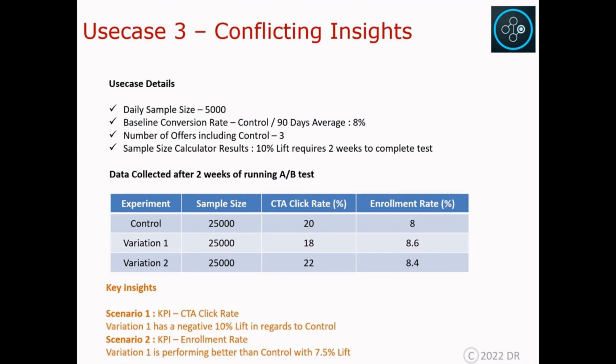So this is where the difference is. You have two KPIs. One is your primary KPI, one is your secondary KPI. Both are telling a different story. Here, when we take CTA click rate, variation 1 has a negative 10% lift in regards to control. When we take the KPI as enrollment rate, variation 1 is performing better than control with a 7.5% lift. So what should be your recommendation, what should be your decision?